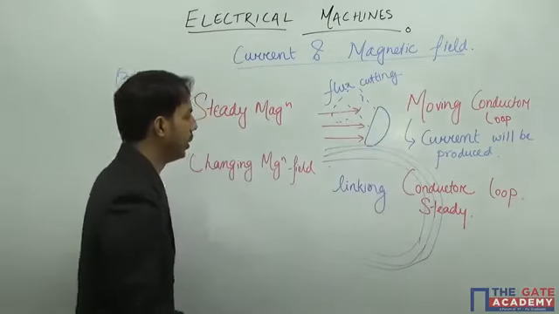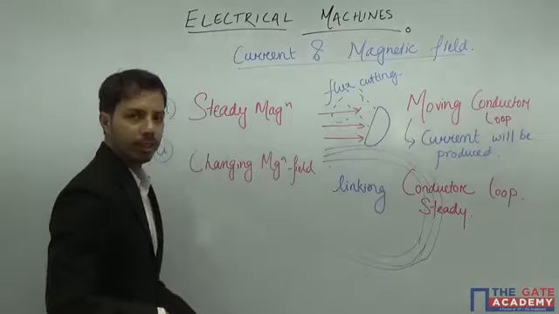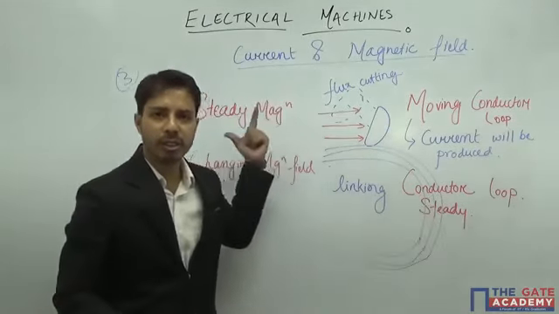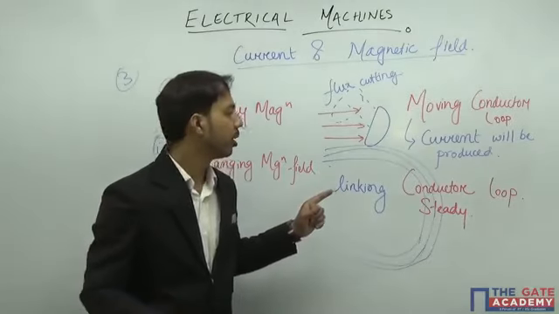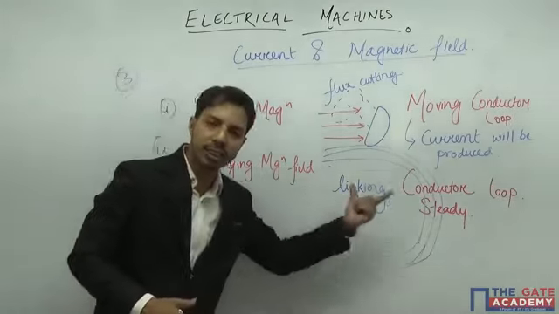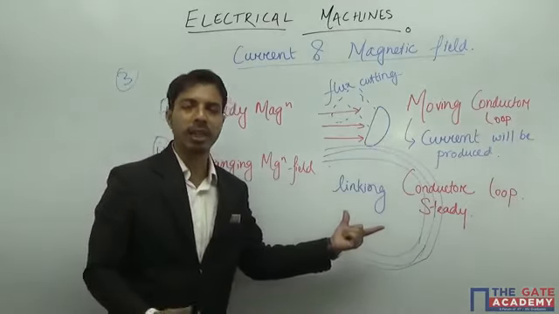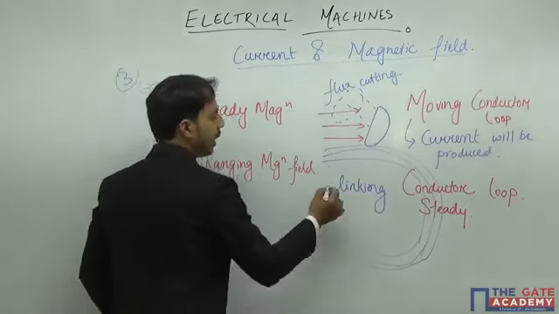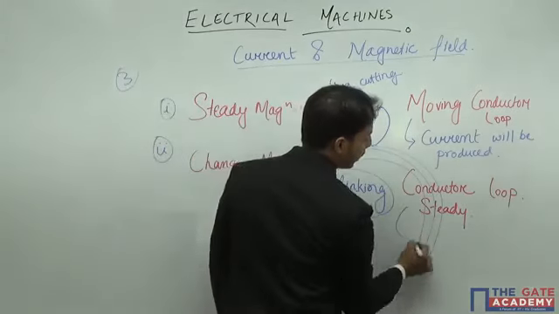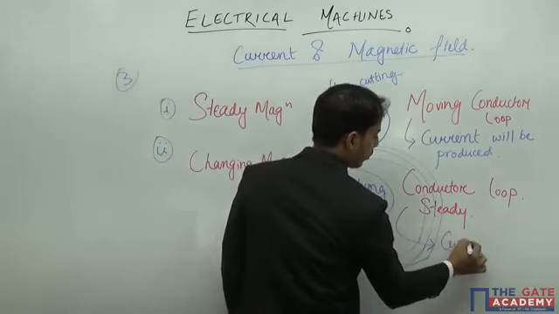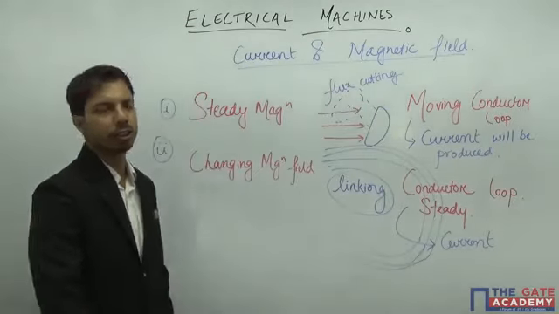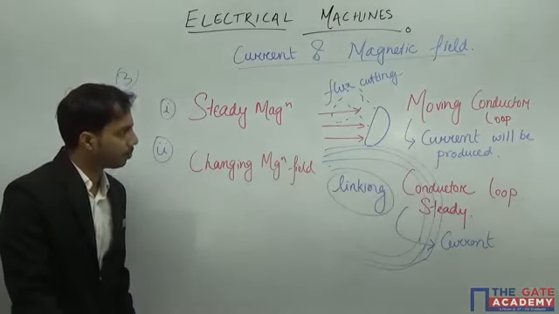If there is no flux cutting action, that means the conductor loop is steady and the magnetic field is steady, then there will be no current produced. But if the conductor loop is steady and the flux that is linking is changing with respect to time itself, then I can say current will be produced. So this is very, very important.